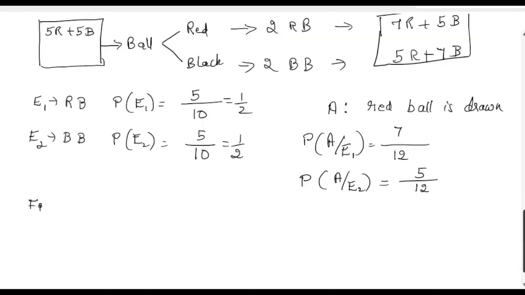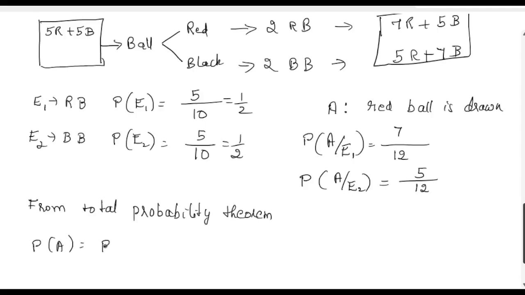From total probability theorem, we have P of A equal to P of E1 into P of A by E1 plus P of E2 into P of A by E2.